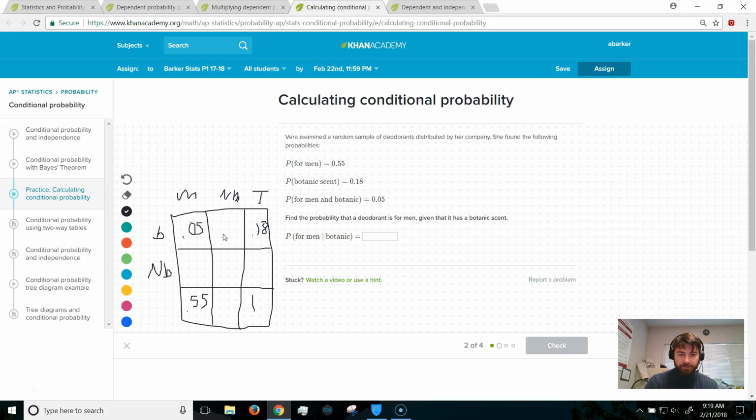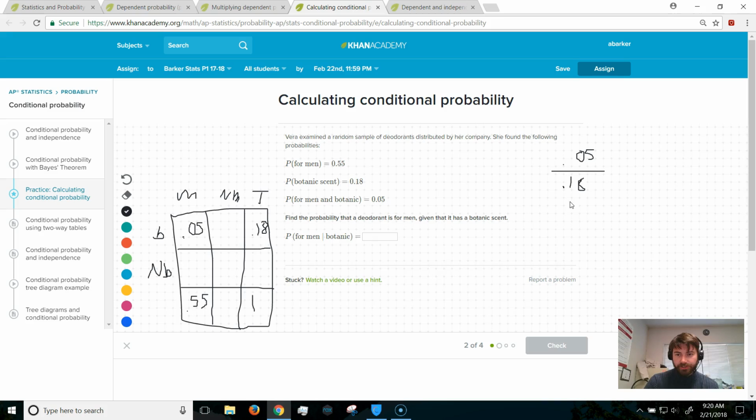So this is the botanical total. So it's going to be 0.18 as the denominator, because it's given that it's botanical, and then out of the botanicals, the for men is 0.05.